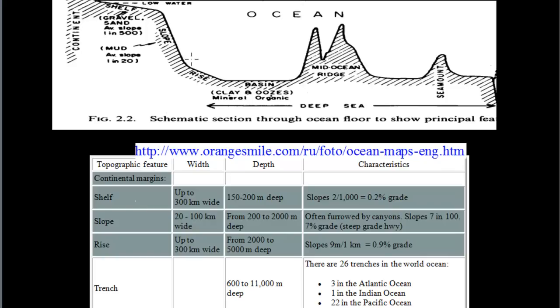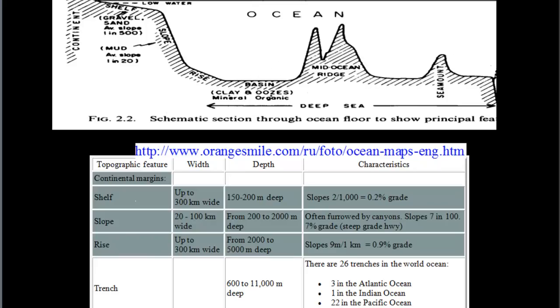We go all the way down to about 200 meters up there, 150 to 200 meters, down to about 2,000 meters there, and then from 2,000 down to 5,000 meters deep, 5 kilometers deep. So abyssal plain actually is very deep. It's called abyss because it's dark, it's cold, it's a very lonely place, even for ocean life.